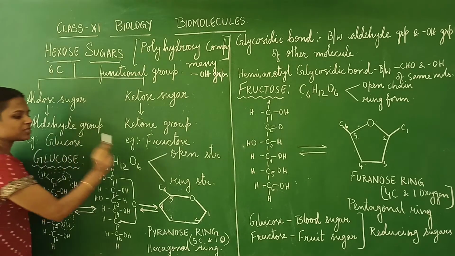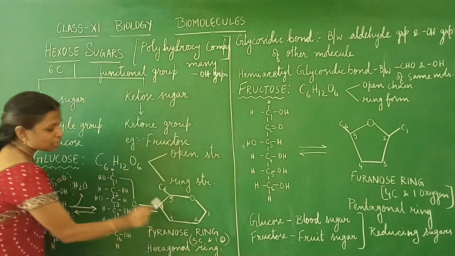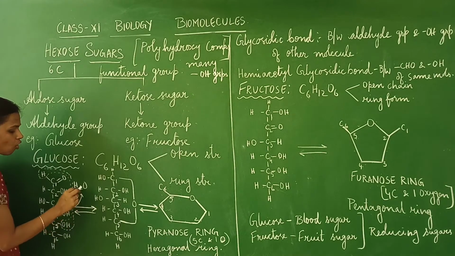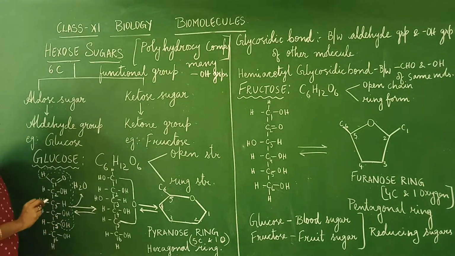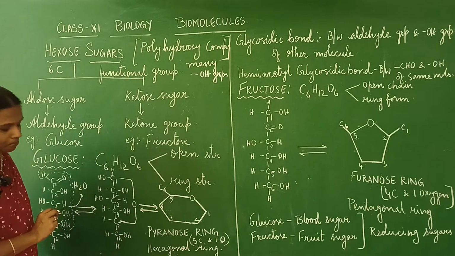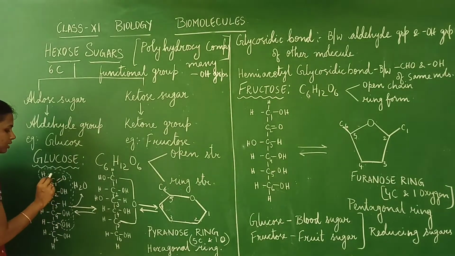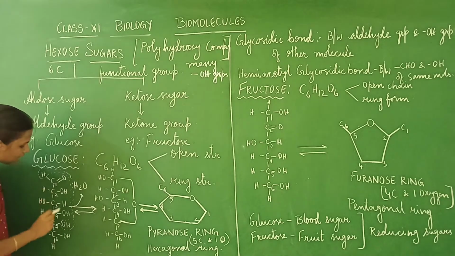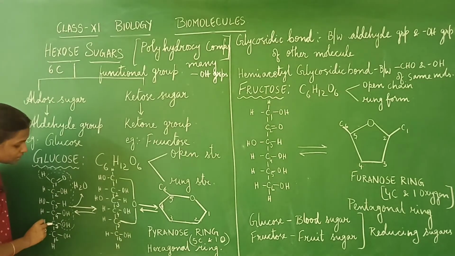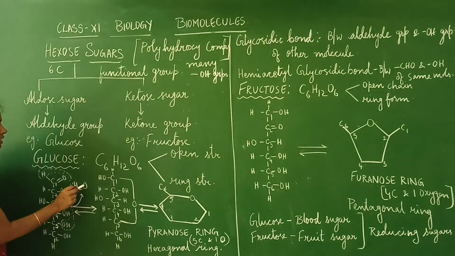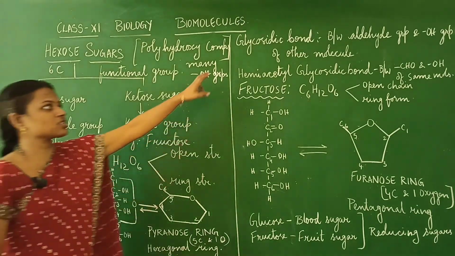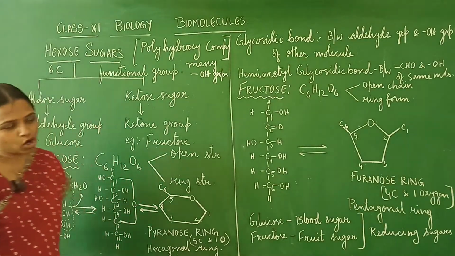This can be converted into its ring structure by release of one water molecule due to the action of dehydrogenase enzyme. The bond between the first carbon atom and the 5th carbon atom is formed by the release of one water molecule. Such a type of bond is called a glycosidic bond.